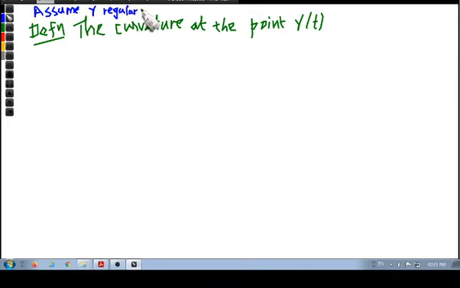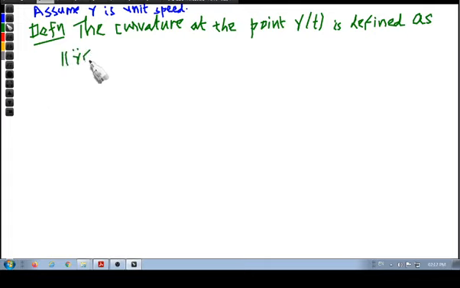My assumption is gamma is unit speed. The curvature at the point gamma of t is defined as the norm of gamma double dot of t.